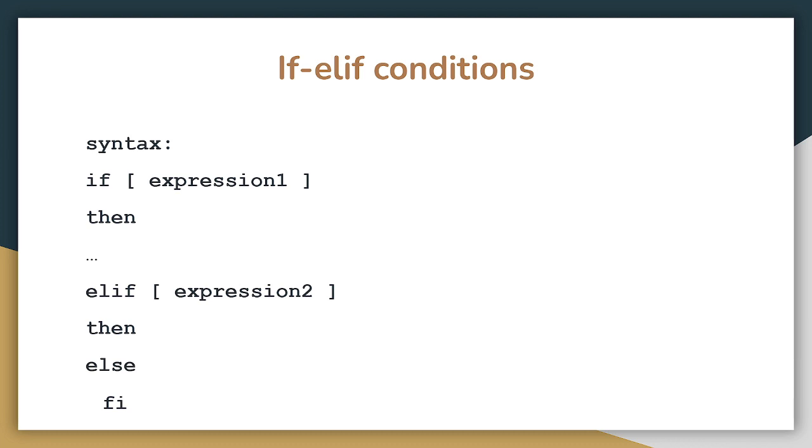Then space, then again a square bracket, then space, then your expression, your condition, whatever you want to give, then space, then the closing bracket. After that you have to use then. After that we will use a statement like echo b is the greatest. Okay, and then else statement and fi. You have to close it with fi.